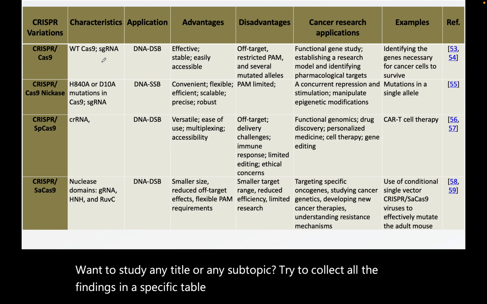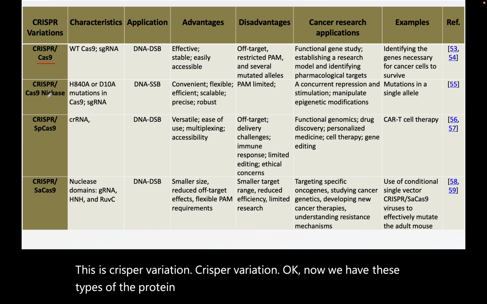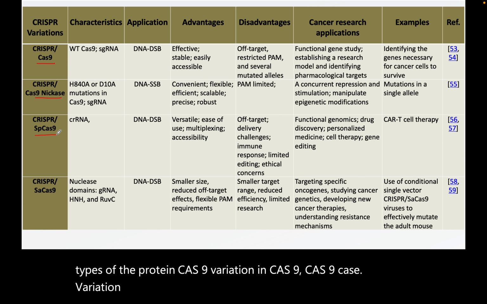So the next one. The next table, this is CRISPR variation. Now we have these types of the protein Cas9: variation in Cas9, Cas9 nickase, variation in SpCas9, variation in CRISPR-SaCas9. These are types.